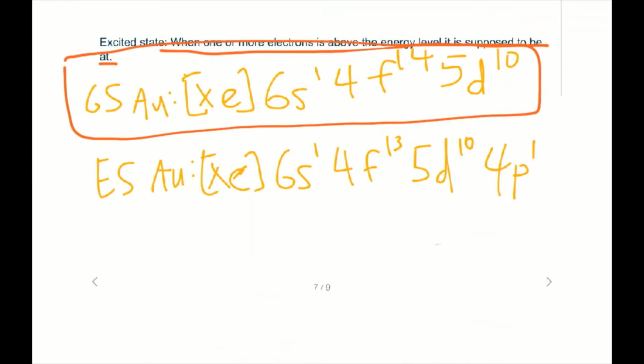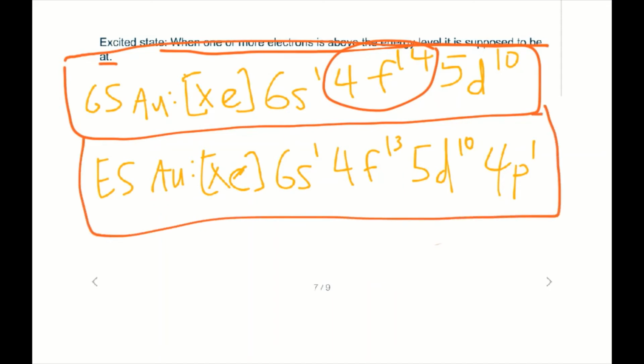So, looking at this, if we promote one of its 4f electrons to a 4p sublevel, for example, then we get an excited state, which means that one or more of its electrons have promoted themselves to a higher energy level where they're not supposed to be. So in this case, 4p1 is an electron that's not supposed to be there, instead it's supposed to be over here, and since it's in the wrong place, it's an excited state.